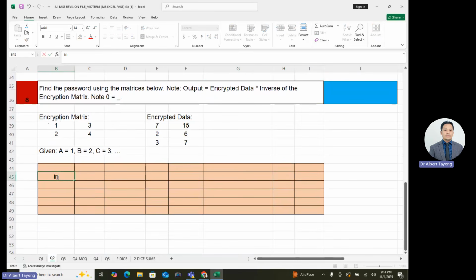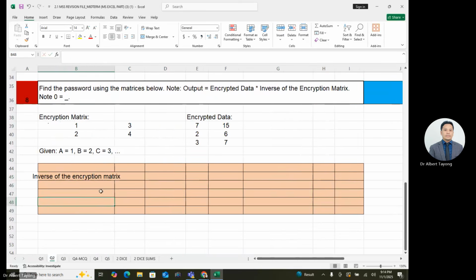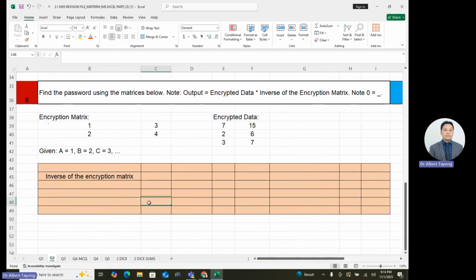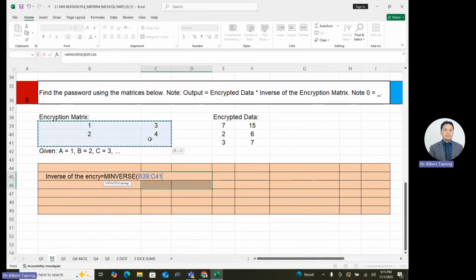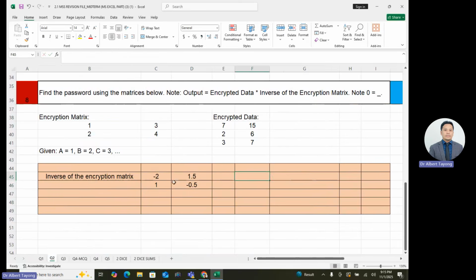So we can write here inverse of the encryption matrix. Okay. So there are 4 cells there, 4 numbers. We select 4 cells equals MINVERSE. Select the numbers and enter. So this is the inverse of this matrix.